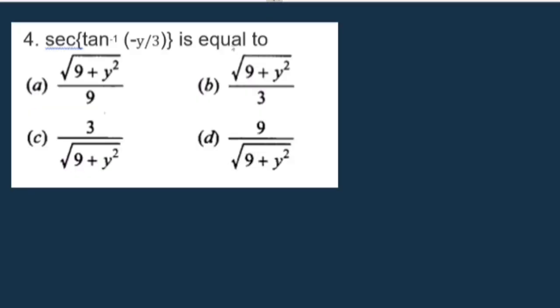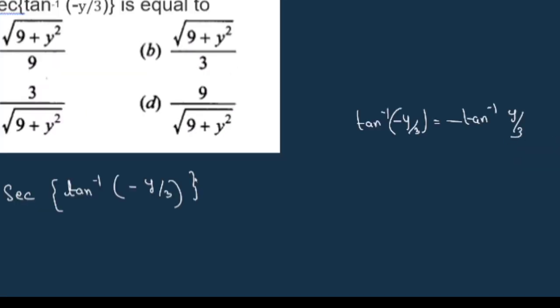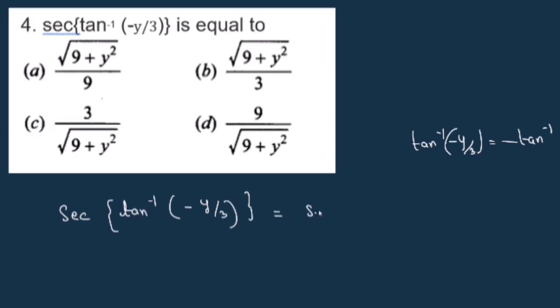Secant of tan inverse of minus y by 3. Again, tan inverse of minus y by 3 is minus tan inverse y by 3. So this is nothing but secant of minus tan inverse y by 3.